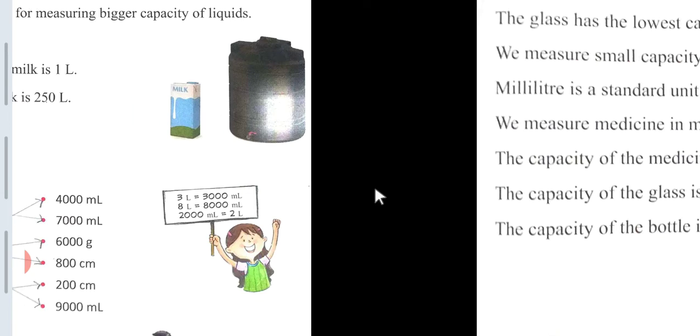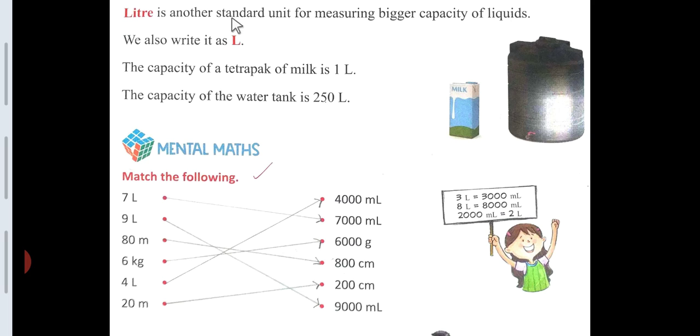So let's move on. Liter is another standard unit for measuring bigger capacity of liquid. Now it comes to liter: 1 liter bottle, 2 liter bottle, 3 liter bottle, 5 liter bottle, then it comes to the tank.